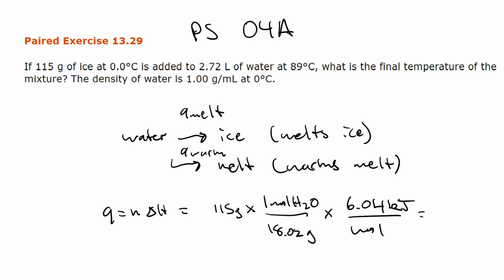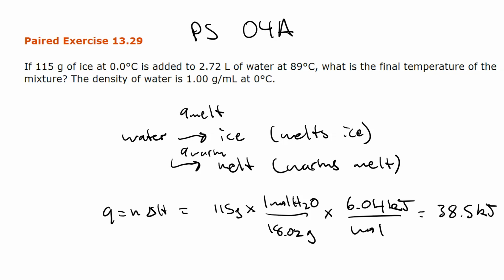When I punch that into my calculator, I get 38.5 kilojoules. So that's how much heat the ice absorbs when it melts.